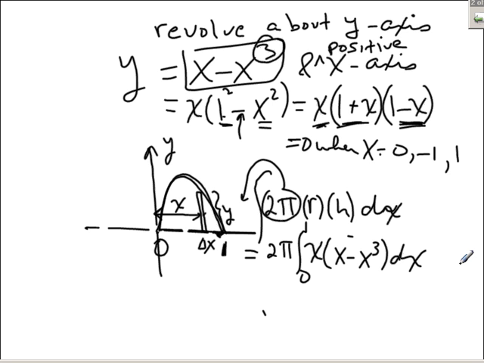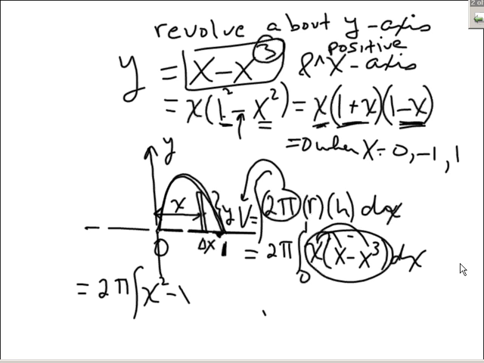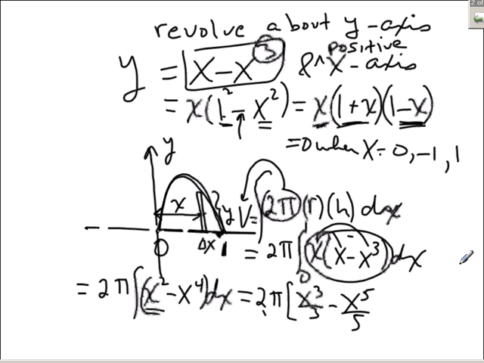And there's the integral that you need to solve. That's what the volume is going to be. It's 2 pi times the integral. After I distribute the x, I'm integrating x squared minus x to the 4th dx from 0 to 1. This is 2 pi. The antiderivative of x squared is x cubed over 3 minus x to the 5th over 5, from 0 to 1.